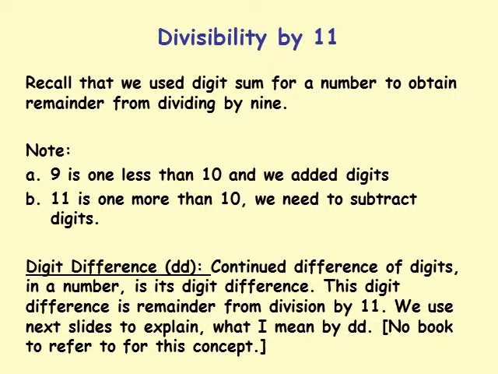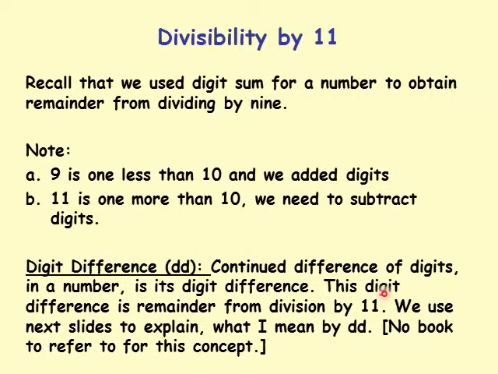Let's continue here. I'm going to define a term called digit difference. I have not seen the term in any of the books I have looked into, and I'm going to define it as the continued difference of digits in a number. So digit sum was the sum of the digits, and digit difference is the difference of the digits in the number, but it's a continued difference.